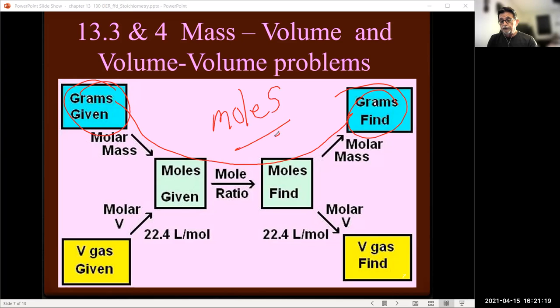Moles is the central figure in these type of calculations because I cannot go directly from apples to oranges. I use that analogy, apples to oranges, without a central common factor. And the common factor here is moles. You got to get it through moles to get from point A to point B.